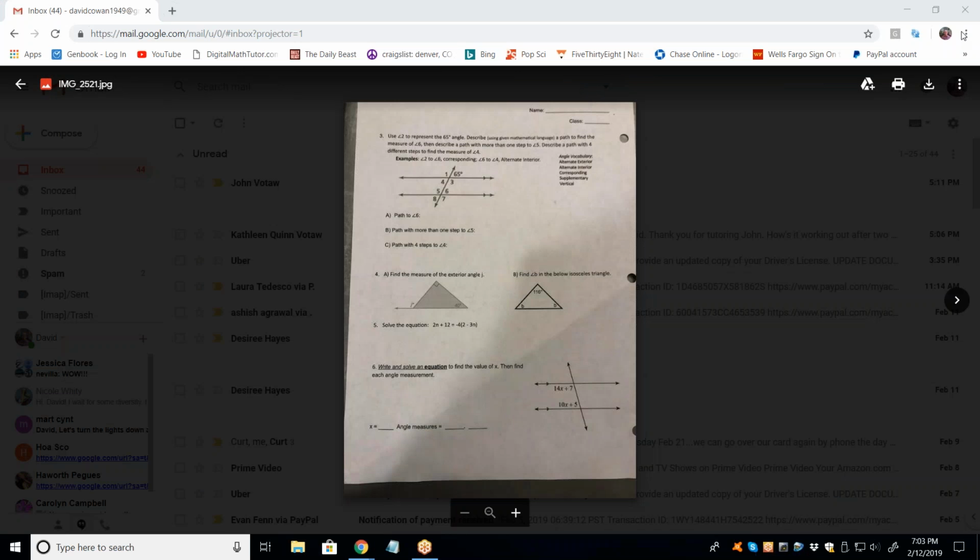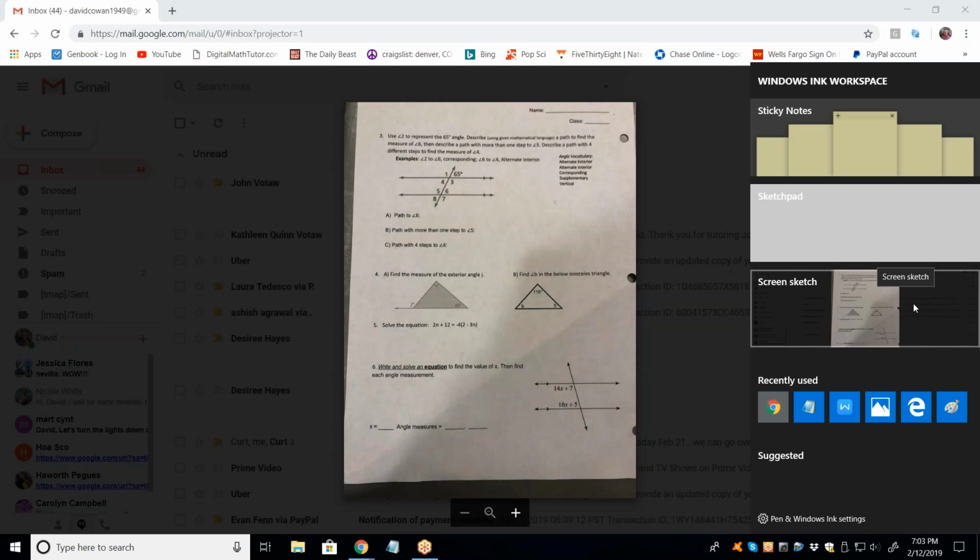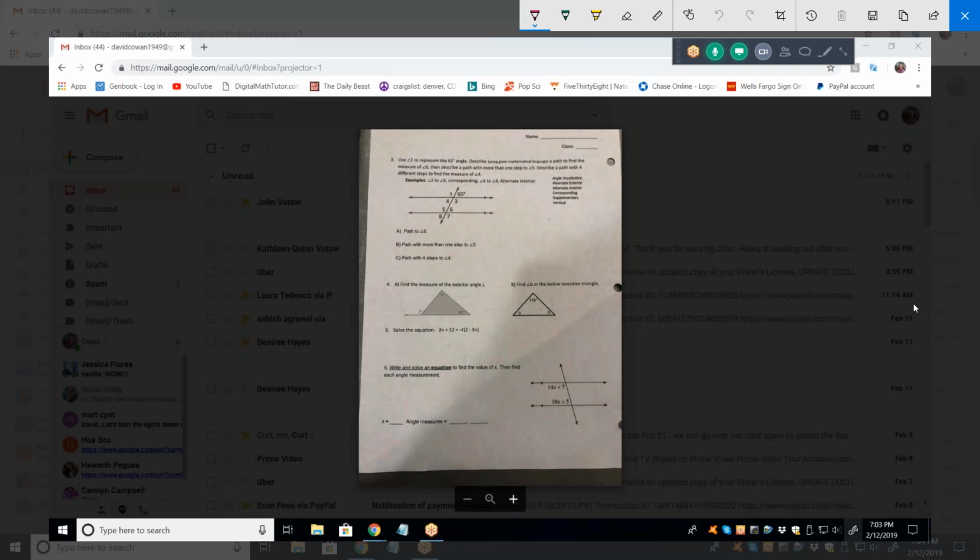Okay. So, on number 6, again, we have parallel lines and a transversal. Now, those two angles that they're talking about, what are they? They're adjacent, right? Adjacent angles are always what?